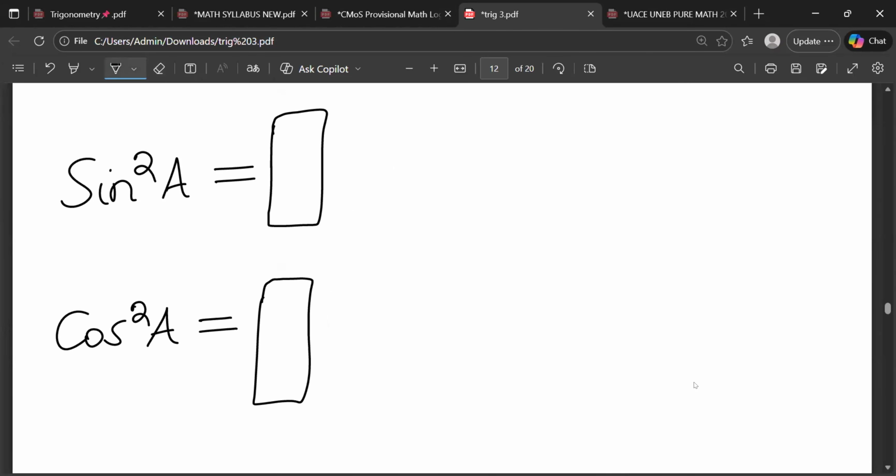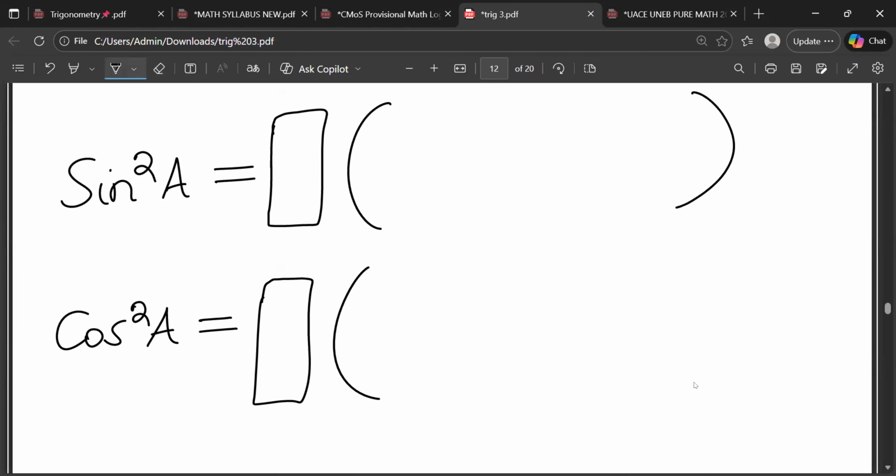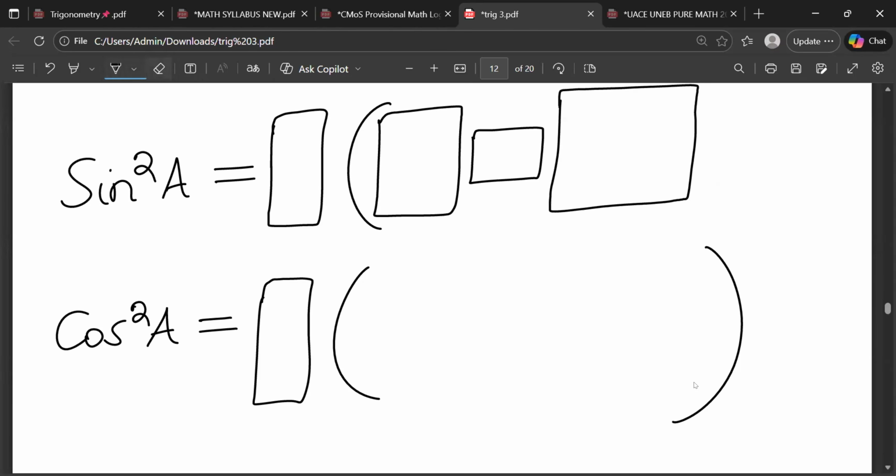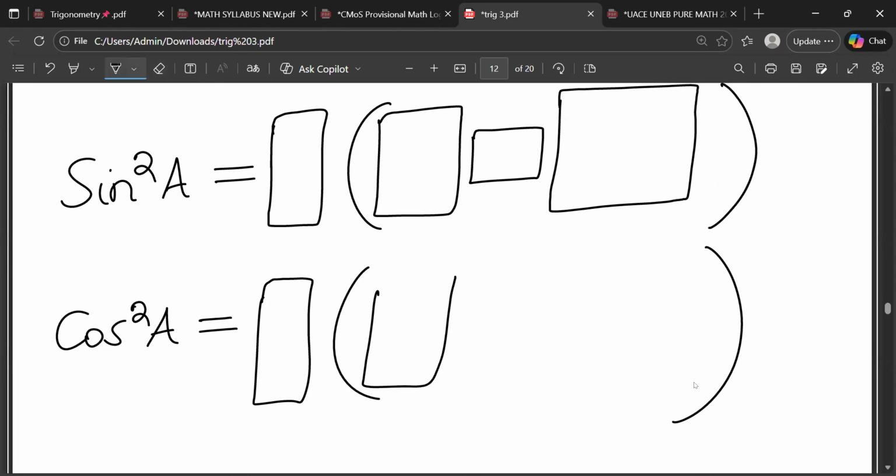I've said both of them have brackets like that. Then there is something here for both, something here, something here.